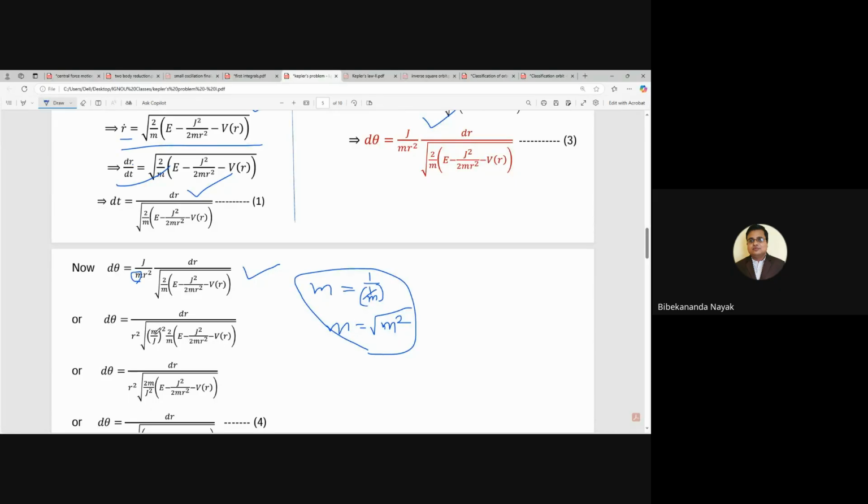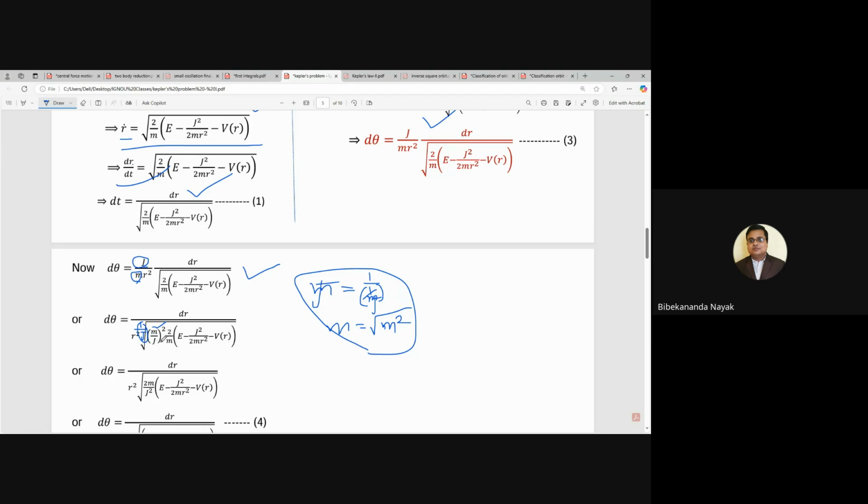So when it comes under the root it becomes m squared. Then j is present, so I write 1 by j, and that j enters the root as j squared.